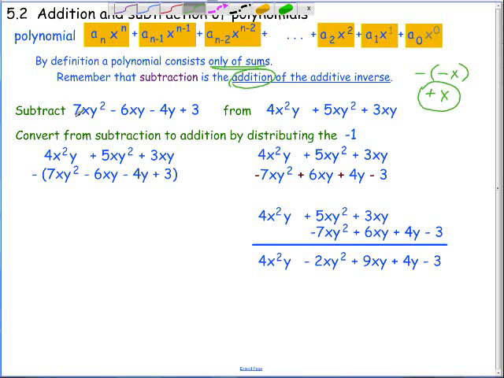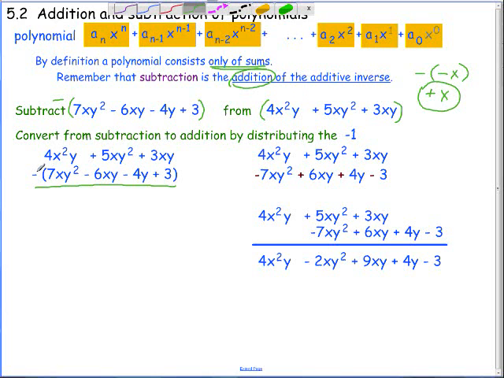We're going to subtract this polynomial, so this is what we're going to subtract, right, from this polynomial. So we put this first, and then we subtract. All right. But suppose I want to do it by adding the additive inverse.